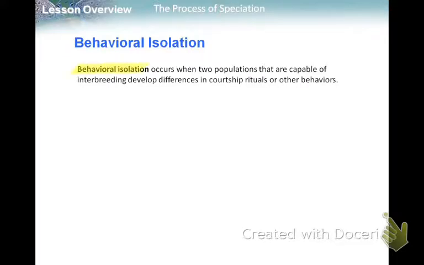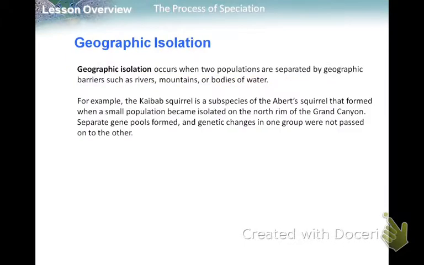The first way is behavioral isolation. When two populations can interbreed, but they start not interbreeding because they have differences in courtship rituals or other behaviors. Geographic isolation, just like it sounds, is where there's a barrier that separates two different parts of a population: rivers, mountains, bodies of water.